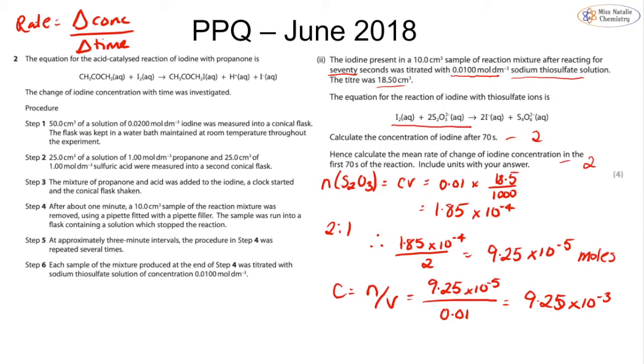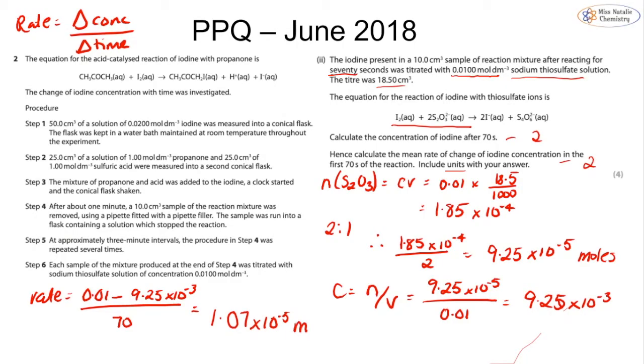So our rate is going to be 0.01, take away 9.25 times 10 to the minus 3, all divided by 70, which is going to give me a value of 1.07 times 10 to the minus 5. And of course, it says include units. So my units in this case are going to be moles per decimeter cubed per second. And that is our final answer.